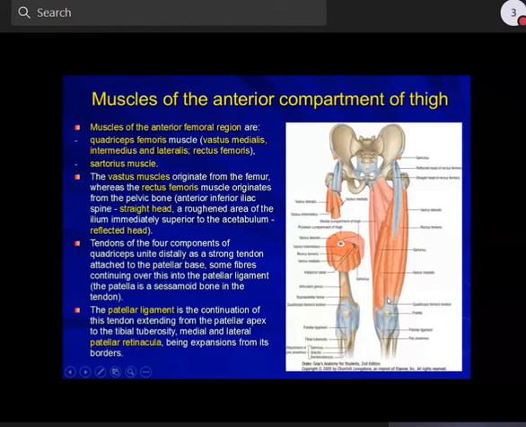It starts with 2 tendons, one arising from the inferior anterior iliac spine. This is the so-called straight tendon, and the other tendon starts from the capsule of the hip joint, the reflected tendon.